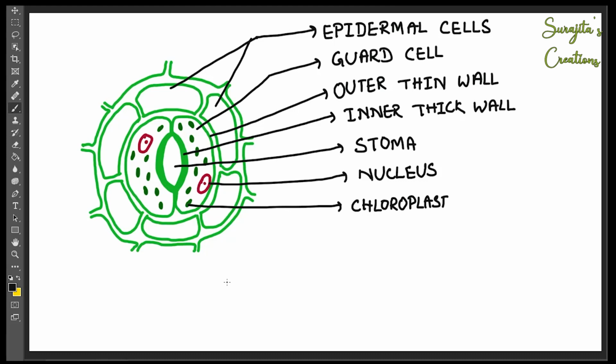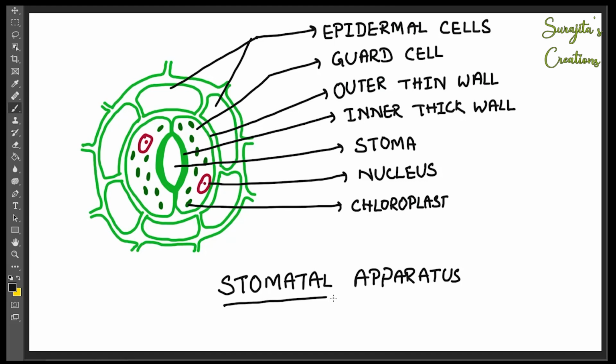So this is the completed figure of stomatal apparatus where the stoma is open. Remember, stoma is the singular term, whereas stomata is the plural term. So in this diagram, the stoma is open.